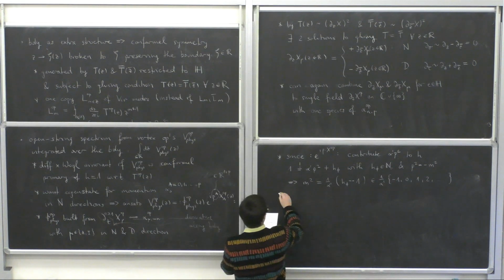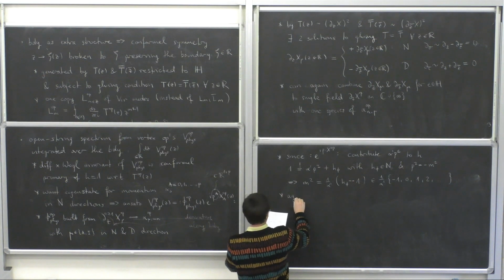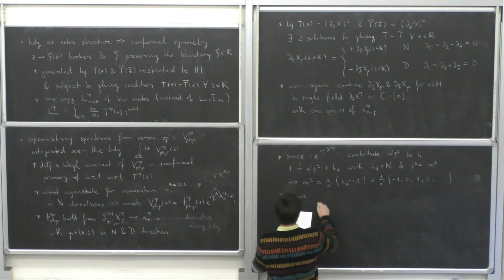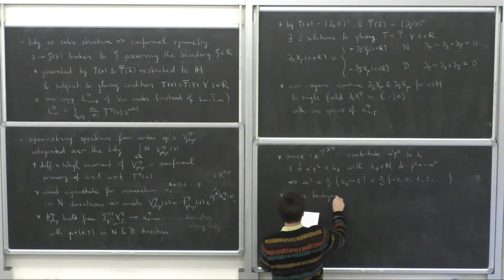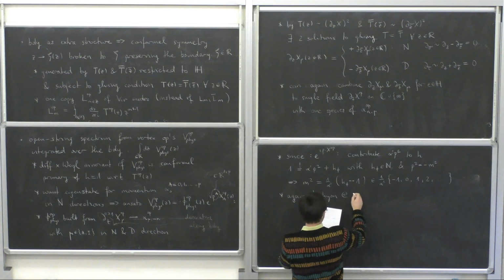So this is to say that as in the closed string case, there's a single tachyon, namely from the simplest choice of decoration being the identity operator. So this is really super analogous to the closed string.